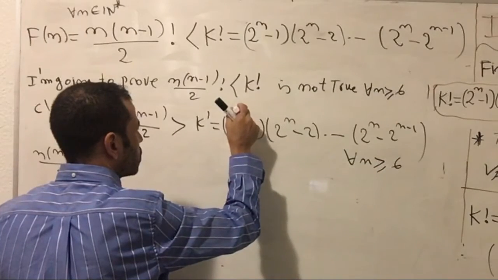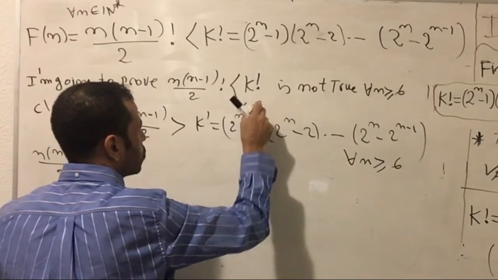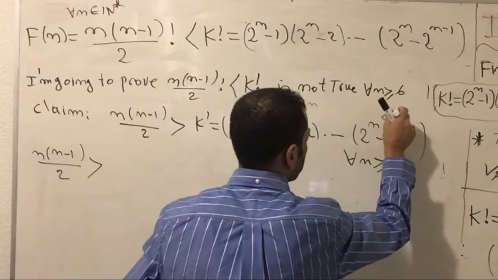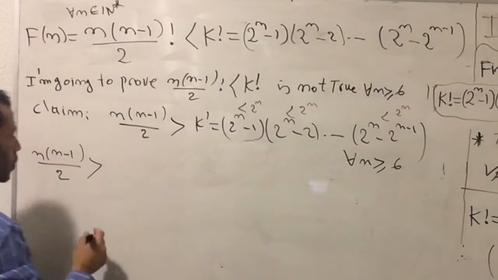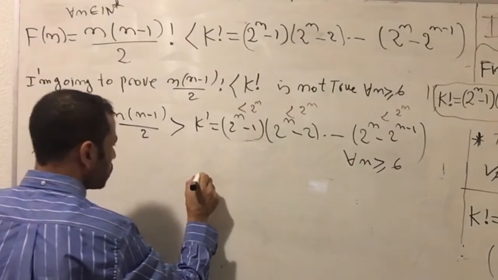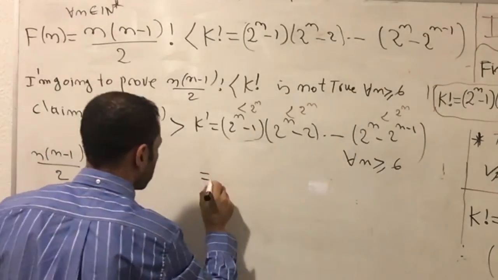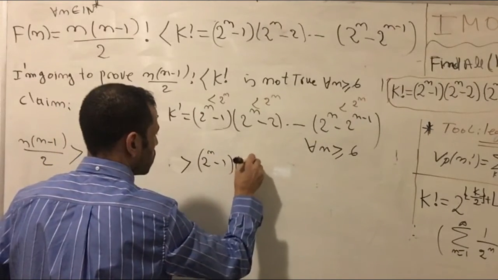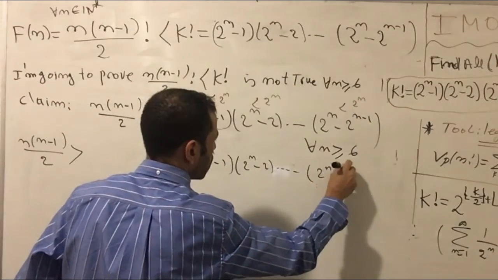See here, this is smaller than 2 to the n, this number is smaller than 2 to the n. So in other words, this one I will leave as minus 1, 2 to the n minus 2, and so on.